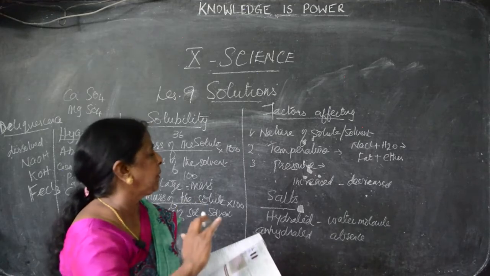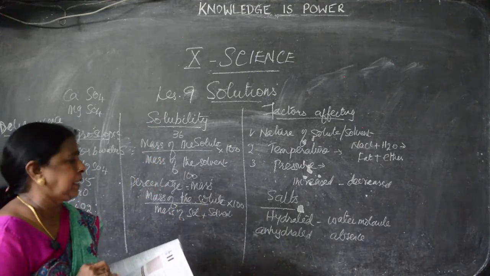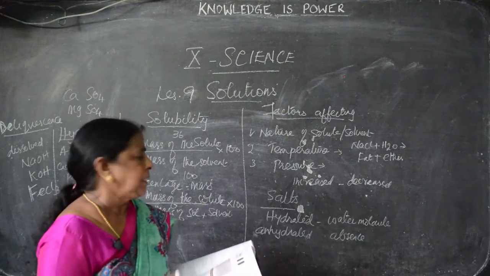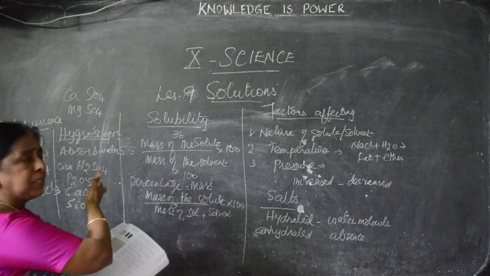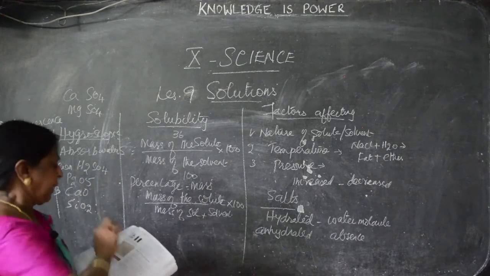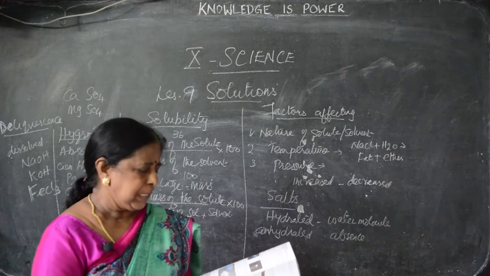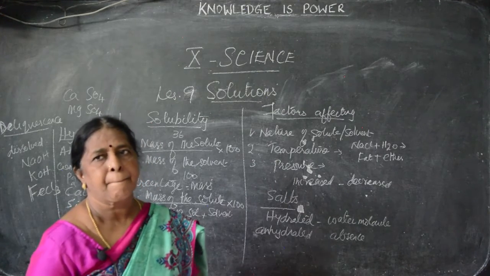Pressure increase, solubility decreases. Then salts, hydrated and unhydrated: substances that absorb water are hydrated; those that do not are unhydrated. And we have seen the differences between hygroscopic and deliquescent substances. If possible we will do one calculation.